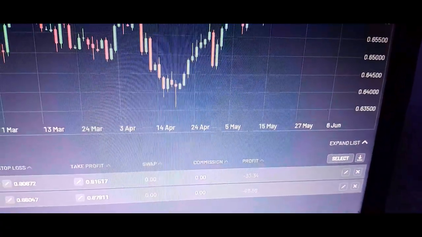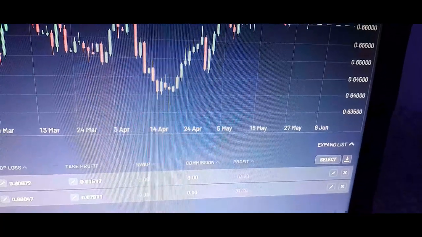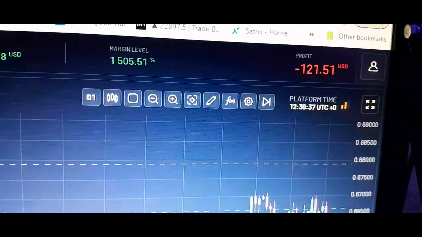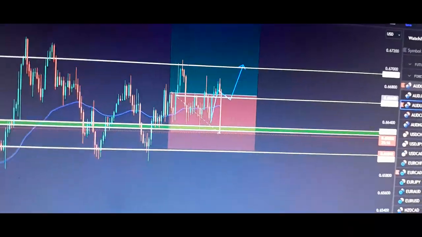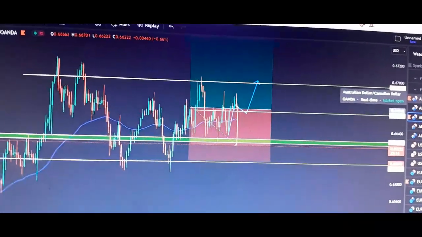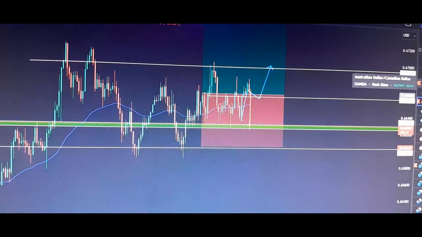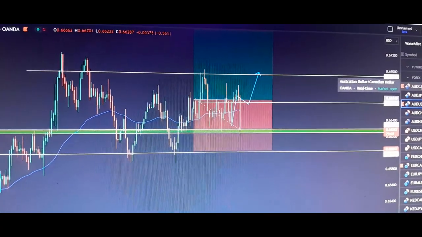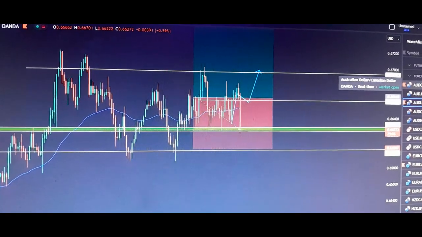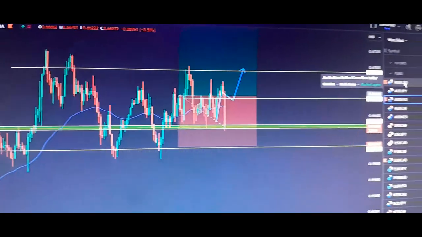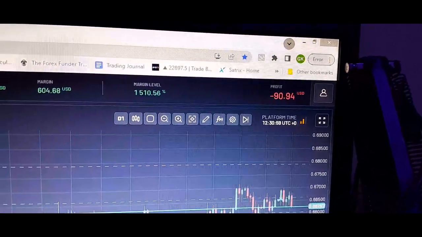Look at these profits. Damn. Look at that. No way, guys. NFP is gonna take out all of our hard work. Let's see. Let's hope for the best. Will this thing return to the other side? Let's see, guys. Look at our profit. It's floating.